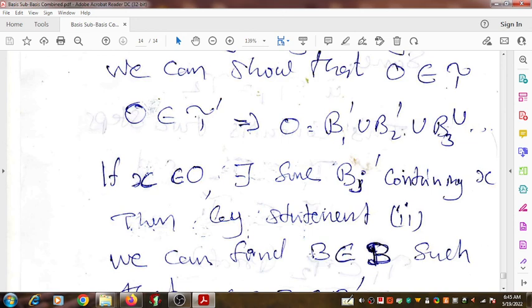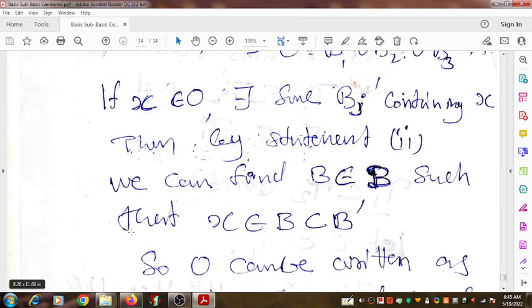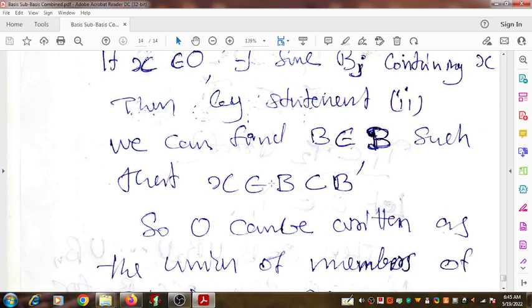Then, applying statement 2 given in the statement of the theorem, we can say that there exists B in script B such that x is an element of B, and B is a subset of B prime.